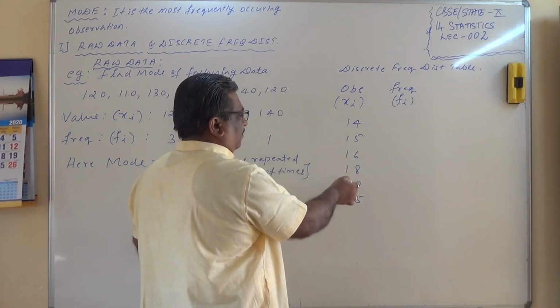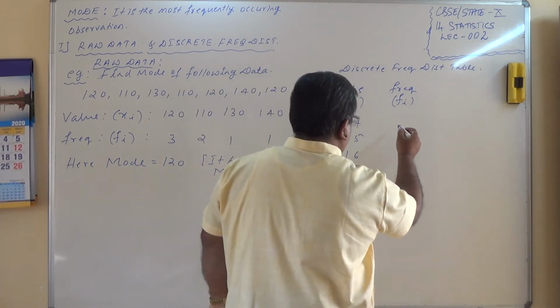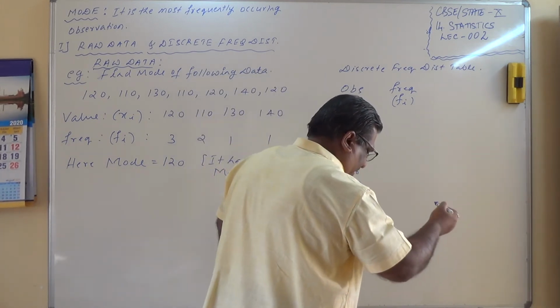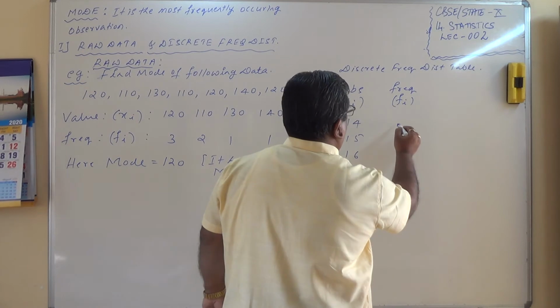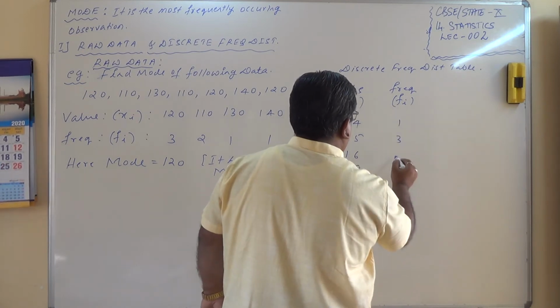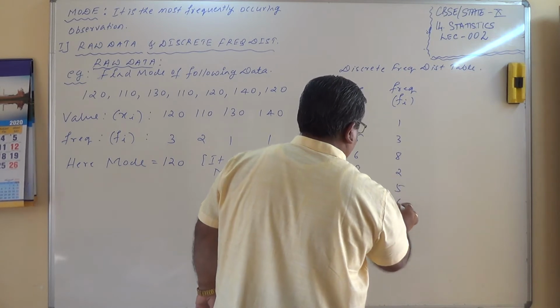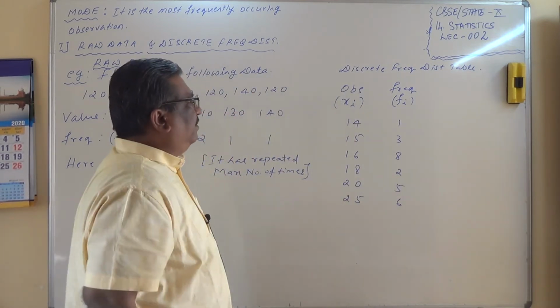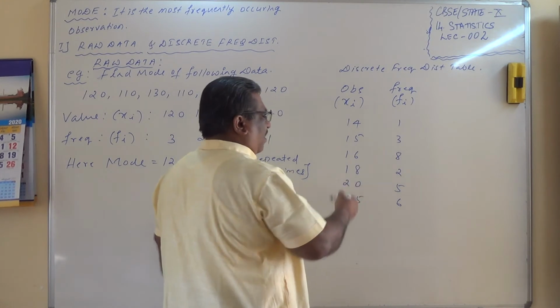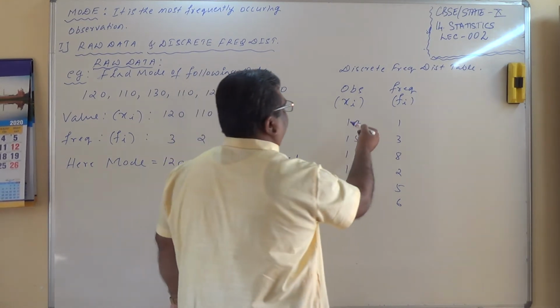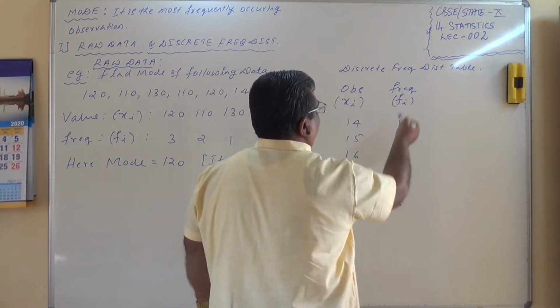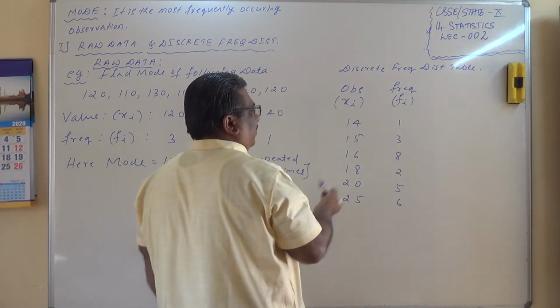1, 2, 3, 4, 5, 6 observations. So the frequencies are 1, 3, 8, 2, 5, 6. This is the data given. These are the weights of the ornaments in grams, and the number of ornaments. I hope you are able to understand this one.